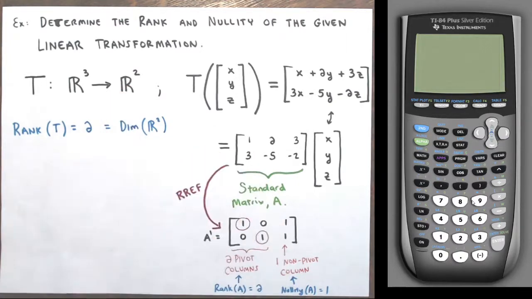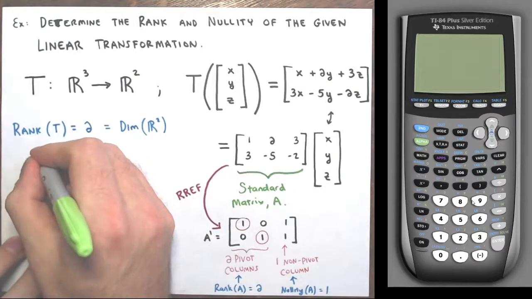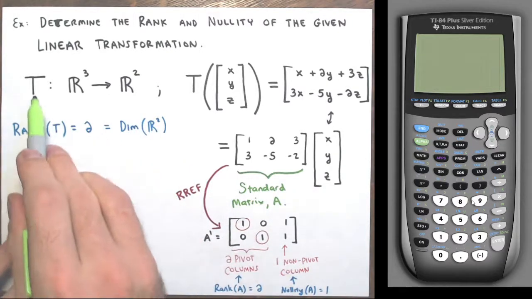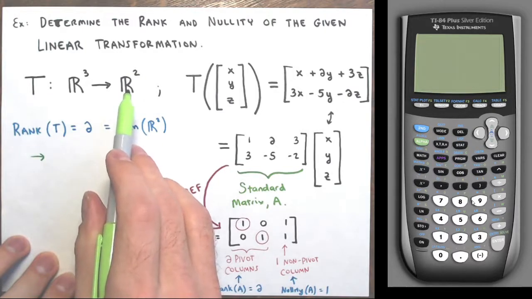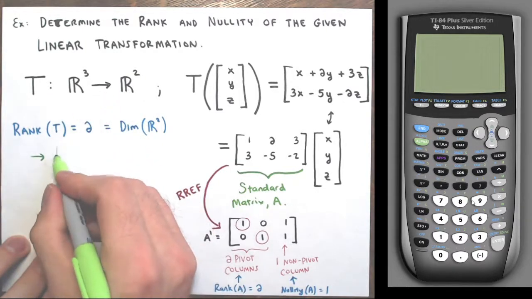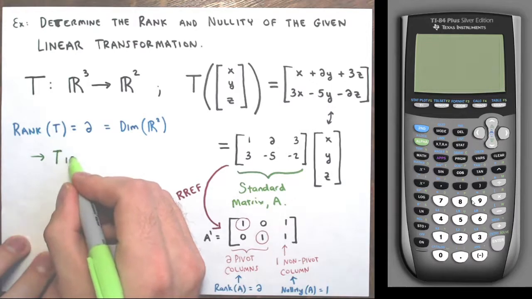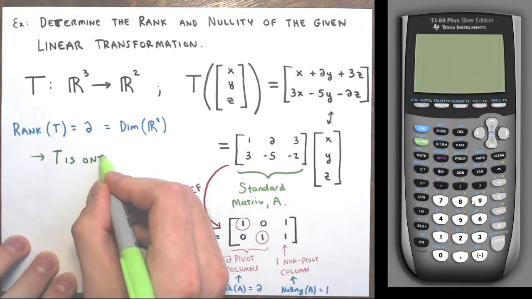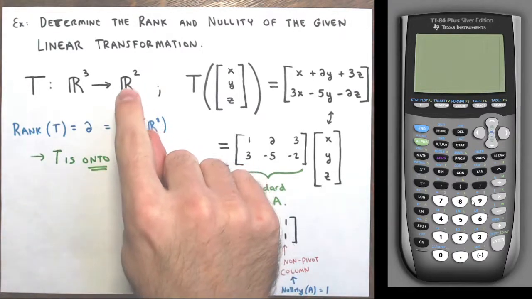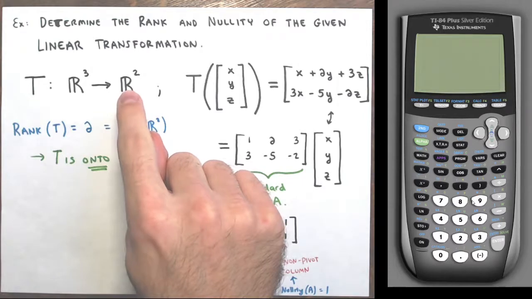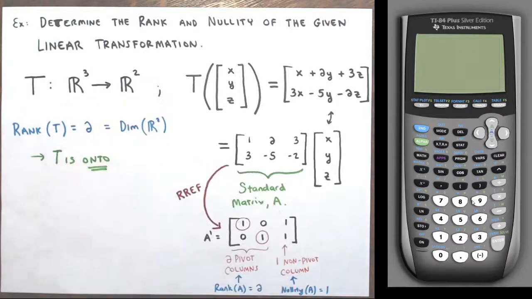Everything in R2 is going to be an output. So by a statement I made earlier, since the rank of the transformation is equal to the dimension of the codomain, T must be onto. Every vector in R2 is mapped to by some vector in R3.